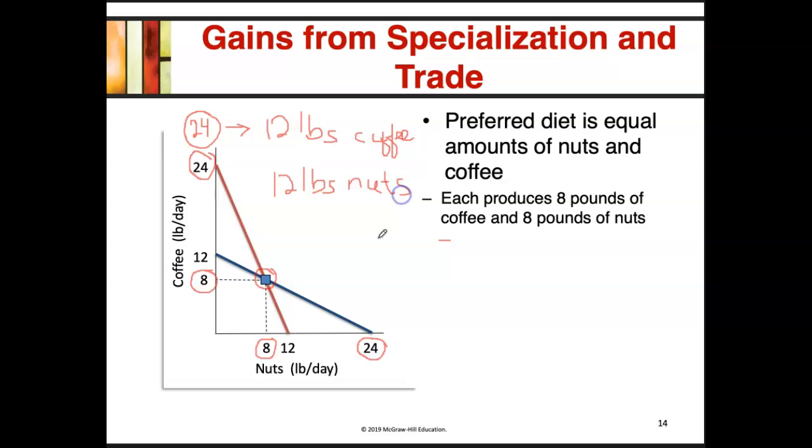Likewise, Nathan will trade 12 pounds of nuts for 12 pounds of coffee.